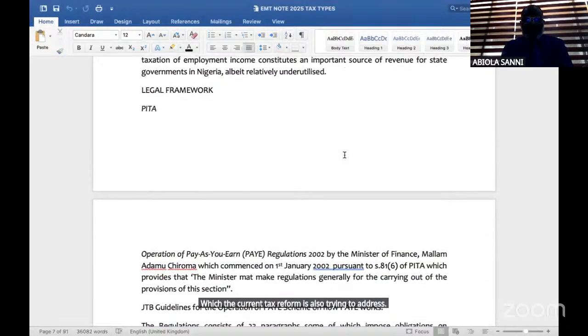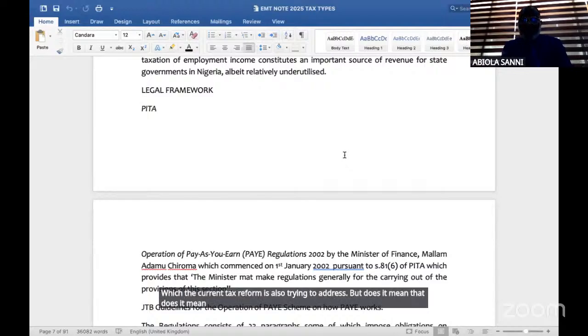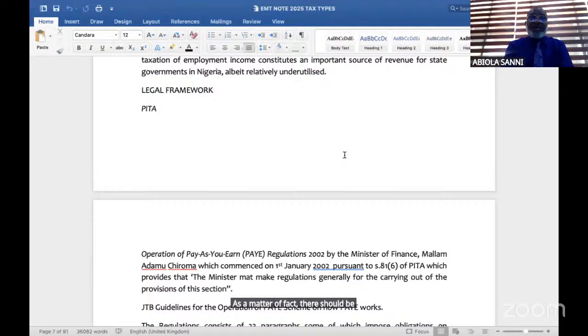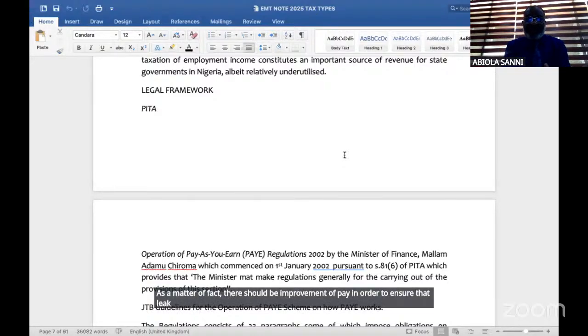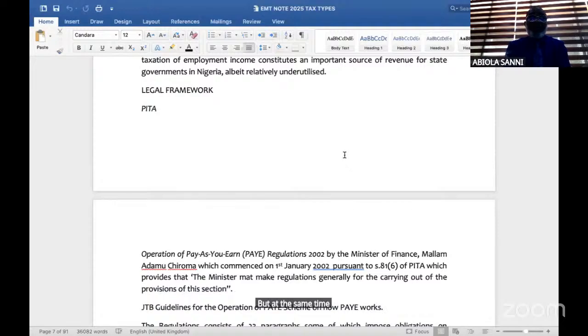But does it mean that focus will no longer be on PAYE? No. As a matter of fact, there should be improvement of PAYE in order to ensure that leakages within the system are plugged. But at the same time, we have to go after those who fall within the 20% bracket.